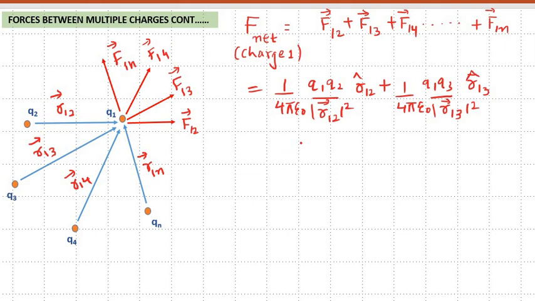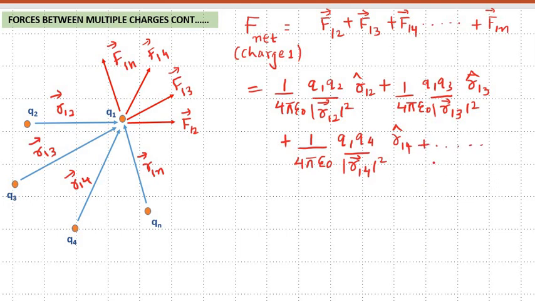In the same way, I'll only write down two more terms, one for F14, so that is again 1 by 4 pi epsilon 0 Q1 Q4 upon R14 vector whole square and R14 unit vector.